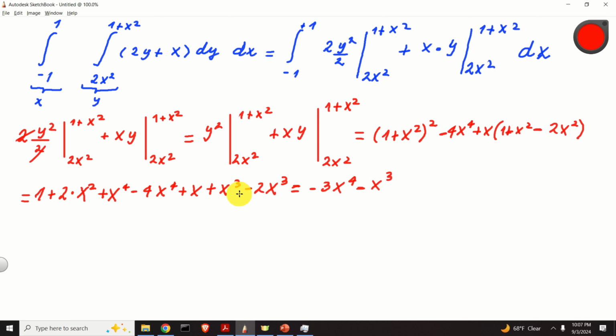Good. How about the other terms? Well, over here we have 2 multiplying x squared. Consequently, we will write plus 2 multiplying x squared. Perfect. And let's see other terms. We are left here with x, and we are left with 1 plus x, and then plus 1. Perfect.